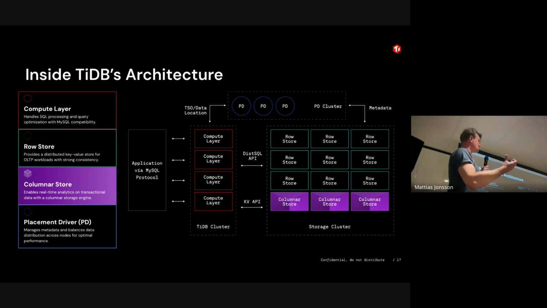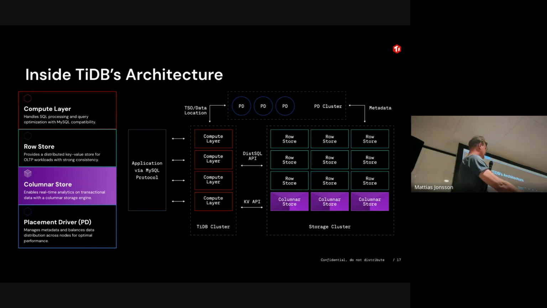And what we actually do as well is include the transaction timestamp. So it's completely transactional as well. So you see the same state of the database regardless of whether the optimizer chooses a row store or column store. It can even mix and match in the same query. It's up to the optimizer to choose what's most efficient for the query.